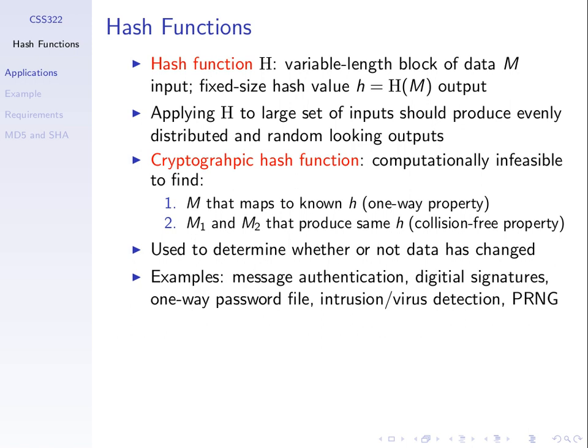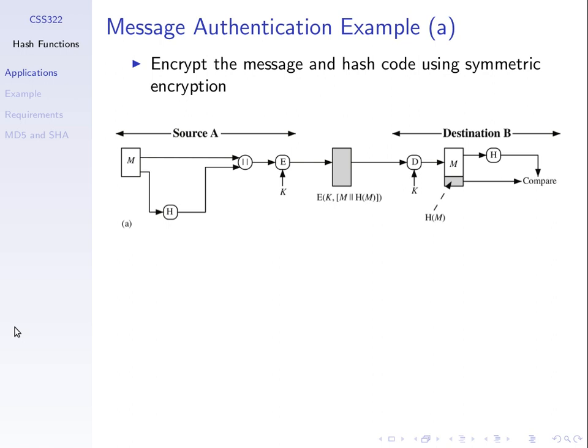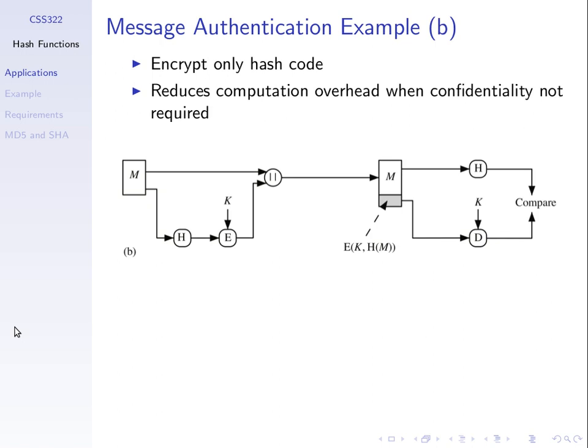The thing that went wrong is that the malicious user changed M to M prime without changing the encrypted hash value. So again, the malicious user modified something, in this case just the message. B detected that modification and therefore it was successful from B's perspective. So two cases in that example.